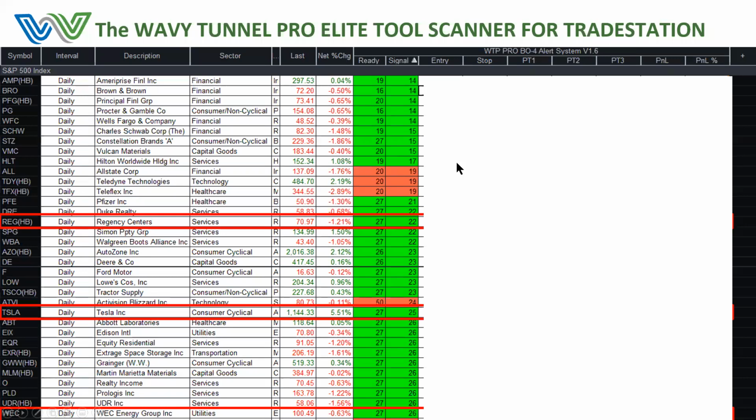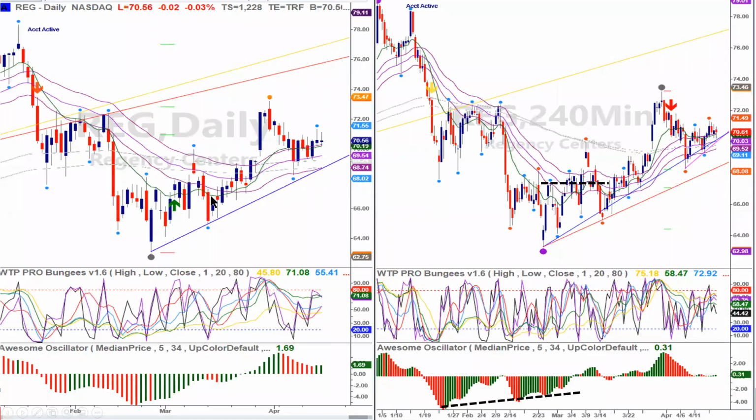Let's just go back to it. So the ready is right over here with the gray dot, and the signal is with the green arrow above this moving average. So this is when it came out on the scanner with the gray dot, and this is when it came out if you sorted by the signal.